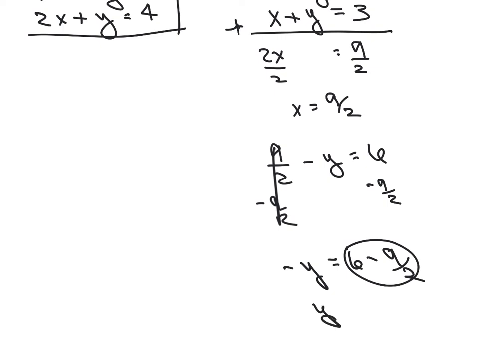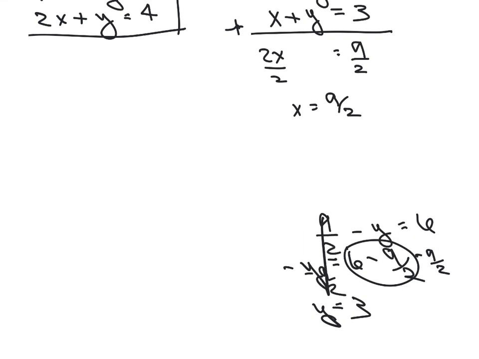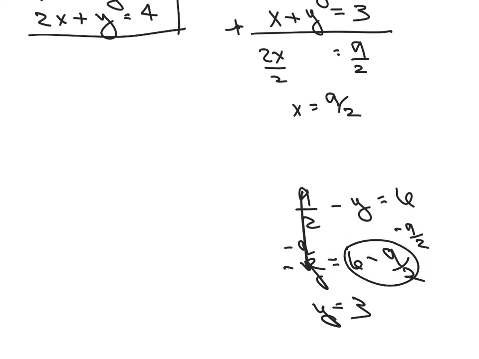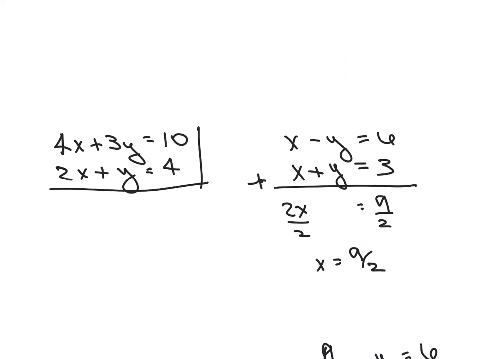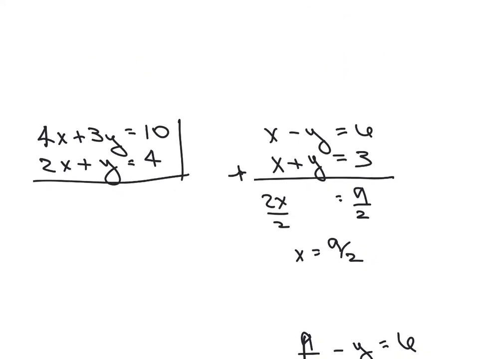So if I get y equals some answer, I'm not figuring it out right now. Let's say I get y equals 3. That means that these two equations, let me get them back up here, have an x value of 9/2 and a y value of, what did I say down here?